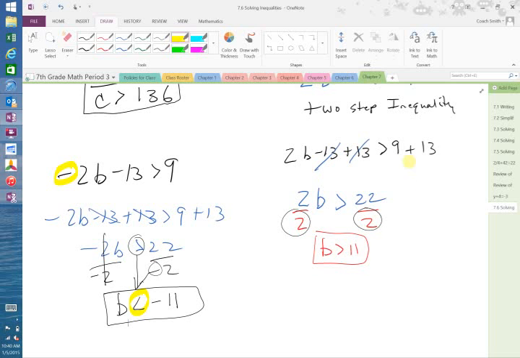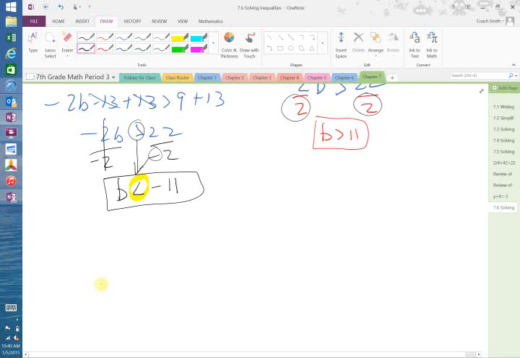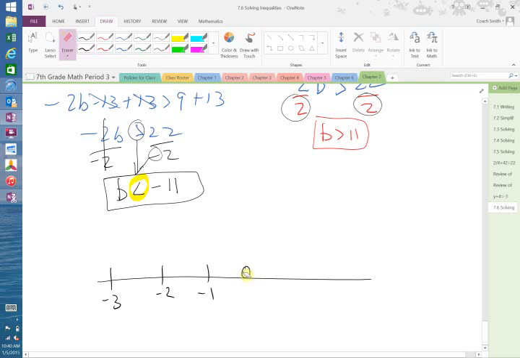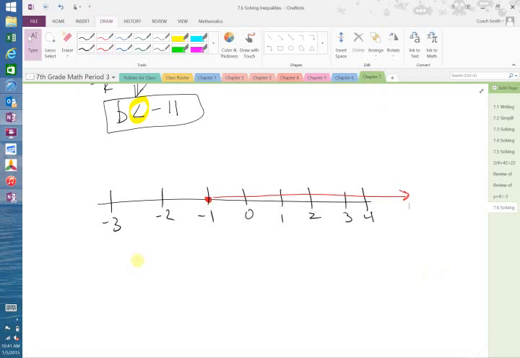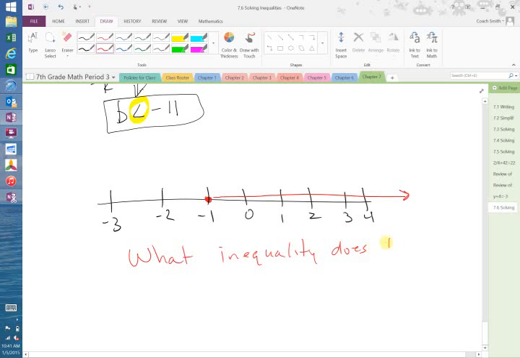Now, last thing I want to talk about is back to our graphing. What inequality does the graph represent?